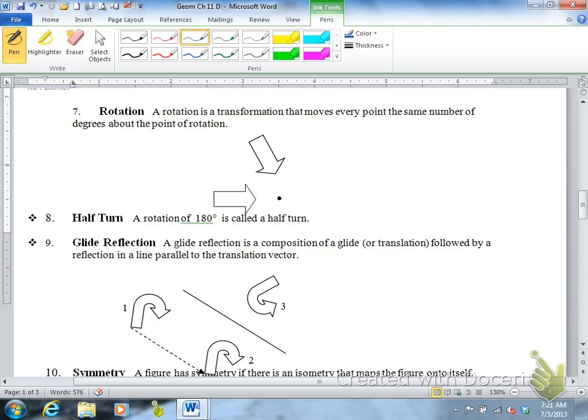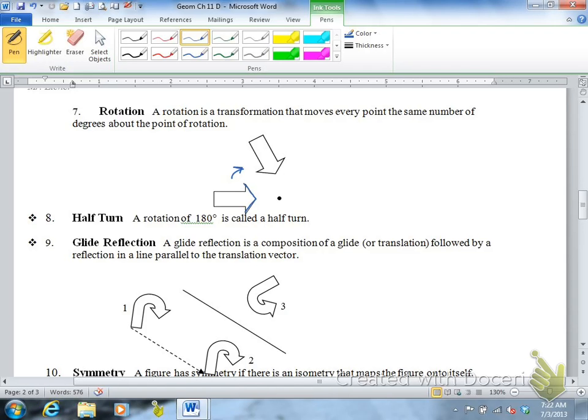Another type of transformation is called a rotation. Rotation is a transformation that moves every point the same number of degrees, about a fixed point of rotation. So if we're rotating this arrow, this would be clockwise. Rotating this clockwise a certain amount of degrees, maybe 80 degrees or so, then we get the shape up top.